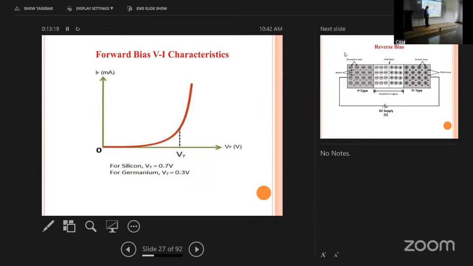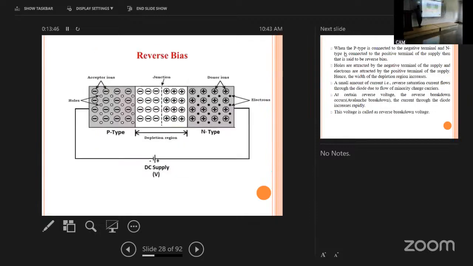As the voltage increases, at a certain voltage V gamma, that is the cut-in voltage, the current starts flowing and increases rapidly. The curve drawn between forward voltage and forward current is known as the forward bias characteristics curve.